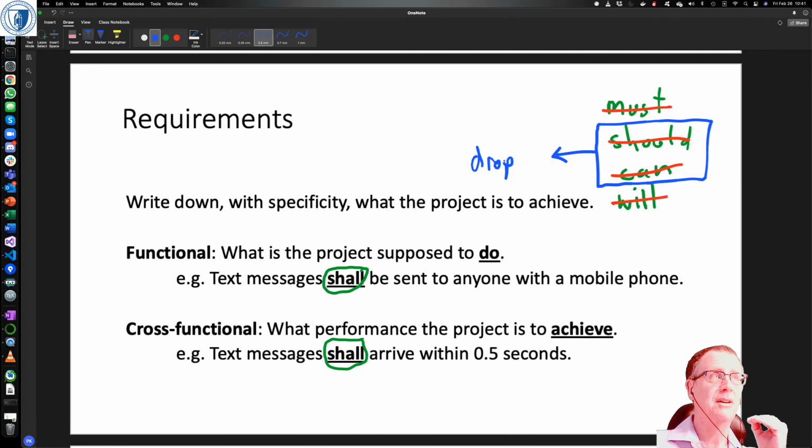And so the reason I drop any sentence that has weasel words in them, should, can, could, may, is because if one of the stakeholders, one of the people interested in the success of the product, gets upset by dropping those requirements or those things that they've suggested, then you can have the conversation, right? And if it's important enough, that will turn that requirement into a shall statement.